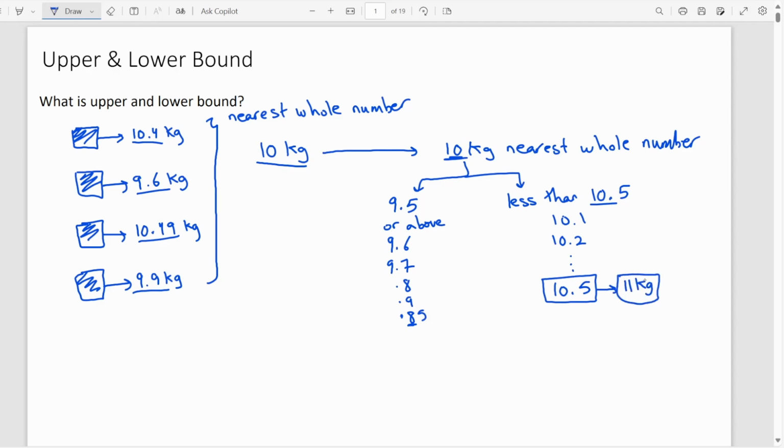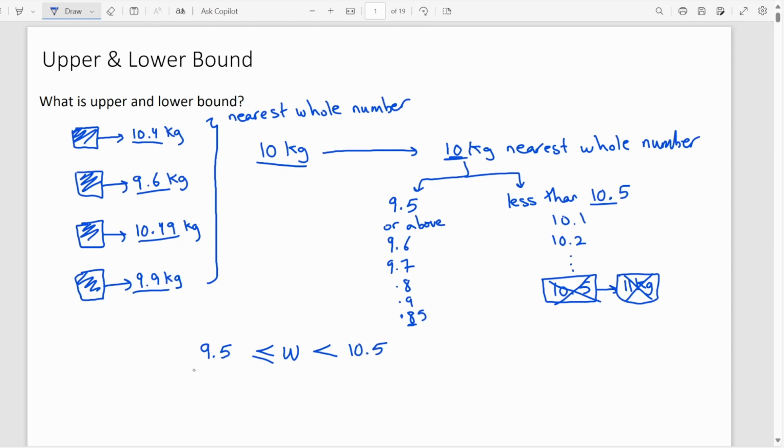So it's definitely not a possibility, okay? So I could say that if the weight was W, then it's definitely greater than or equal to 9.5, and it is less than 10.5 without including the 10.5 itself.